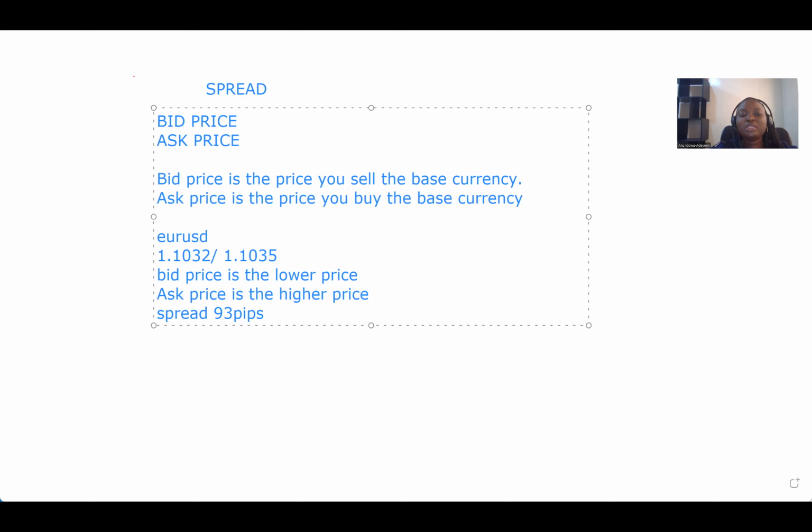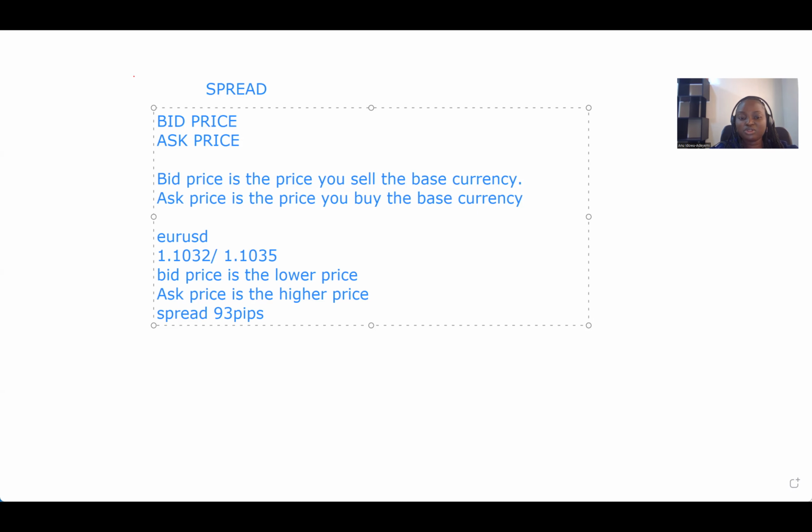So that's why the spread is the difference between two prices, which is the bid price and the ask price. And the spread is known as the commission the broker charges you, or the commission the broker makes for every trade you place. And that's why some people will say the spread is like the transaction cost.